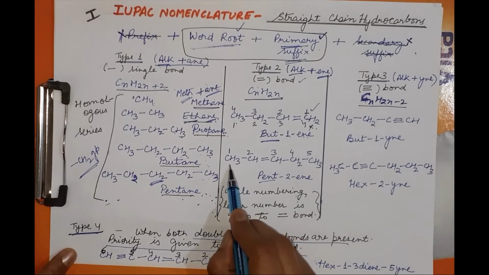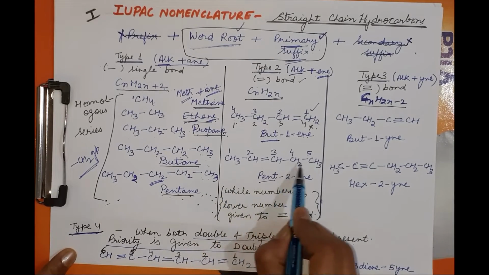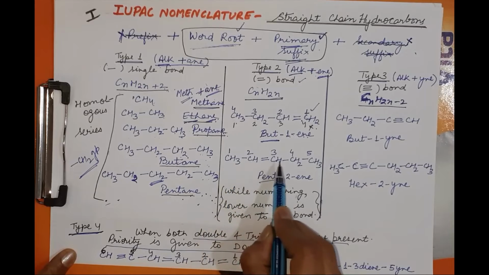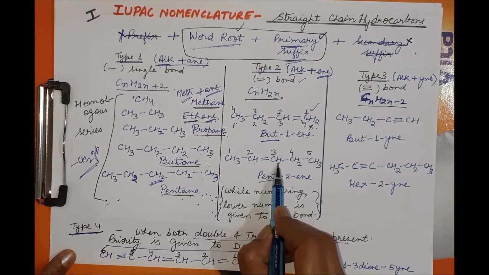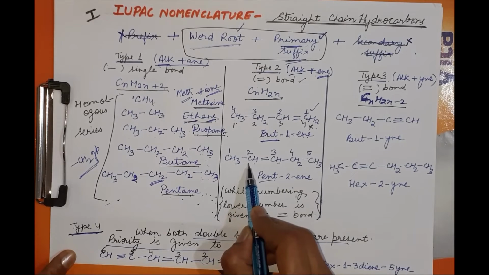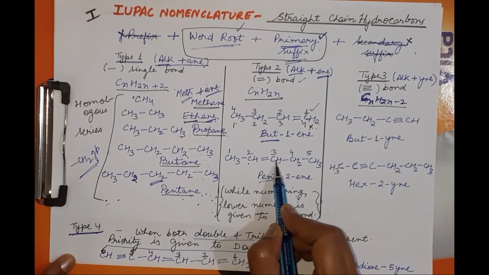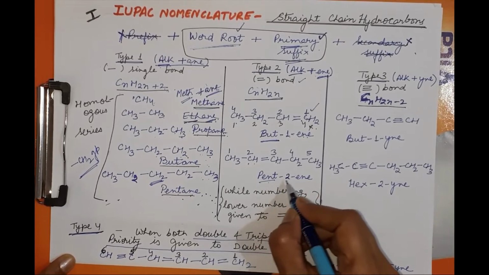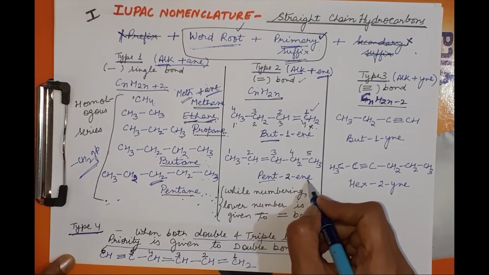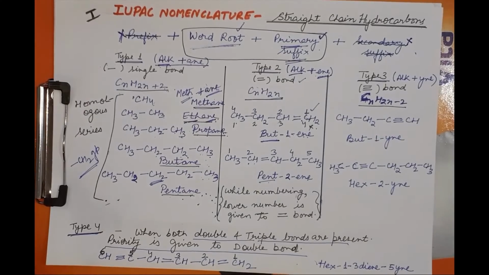So we will start the numbering from left to right: 1, 2, 3, 4, 5. So this double bond is between carbon 2 and carbon 3. And so here we will write the lower number: pent-2-ene. So this will be the name for this compound.